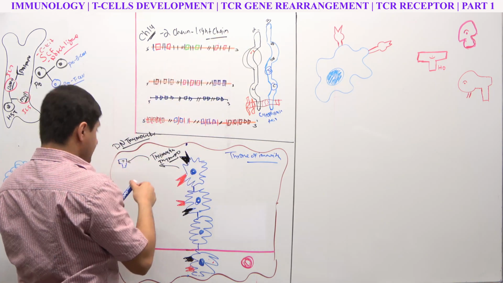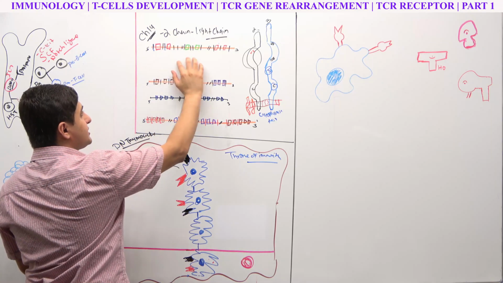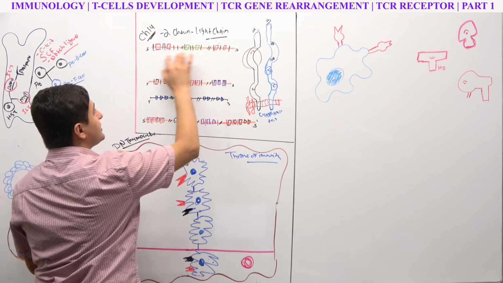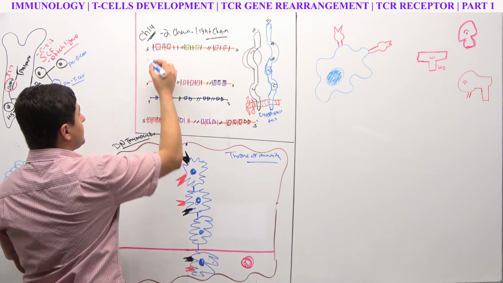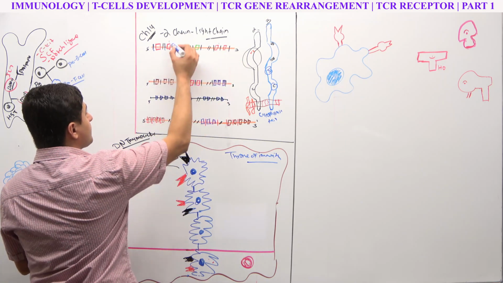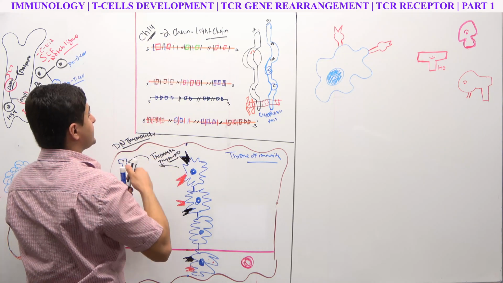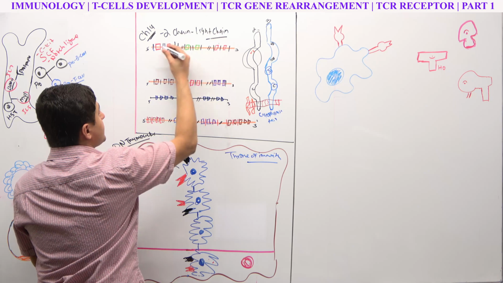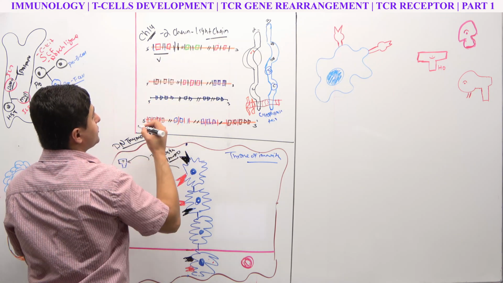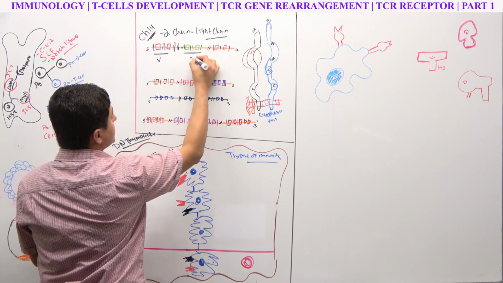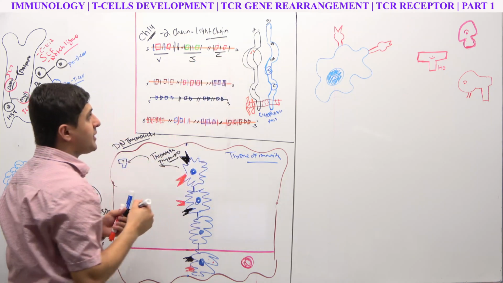The way it works is that when they're synthesizing, there's replication, and here I'm showing you an RNA. If you look at this 5 prime and 3 prime, I divided this into different fragments. This fragment is my variable region, this fragment is my joint region, and this is my constant region.